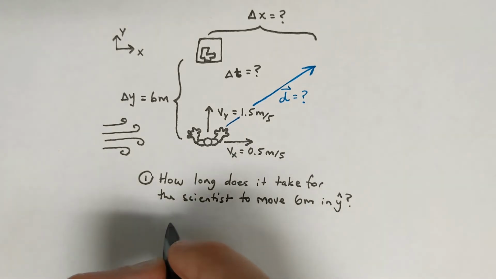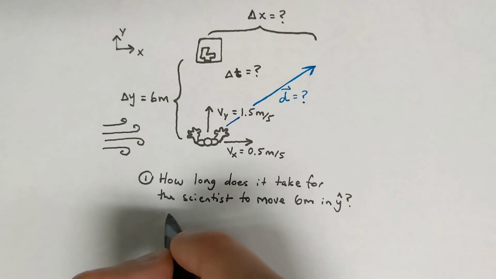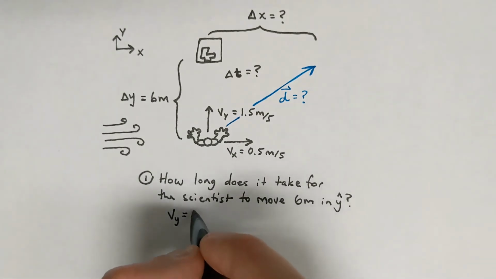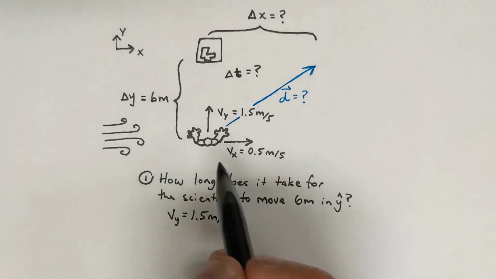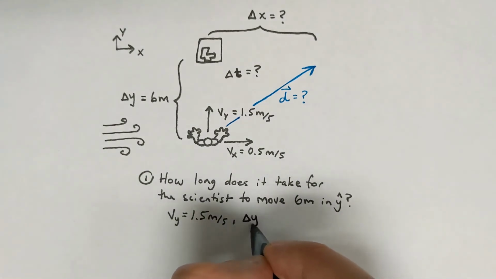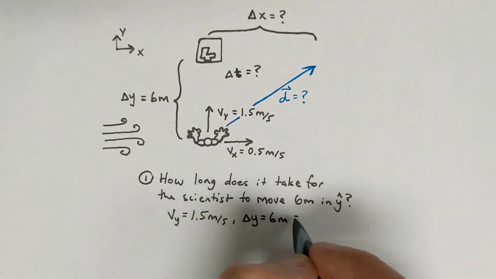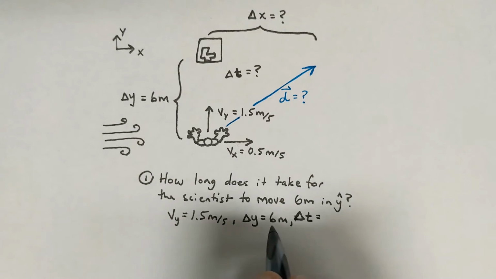Okay, let me write down all the information that I have about the scientist's motion in the y direction. I know that she's moving with a speed in the y direction of 1.5 meters per second. I also know that the displacement in the y direction is 6 meters. And I want to know how much time it takes to complete that displacement of 6 meters.